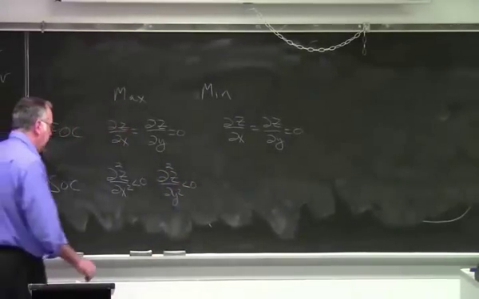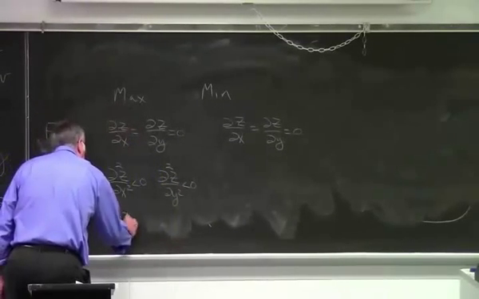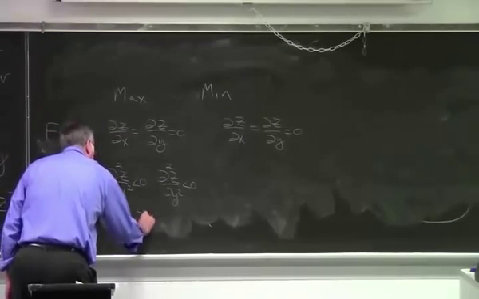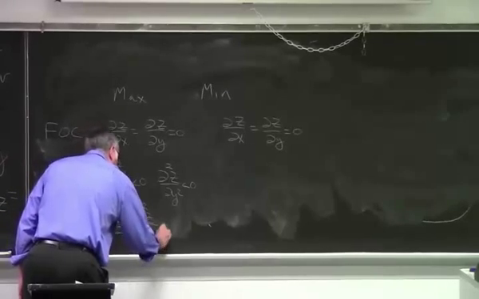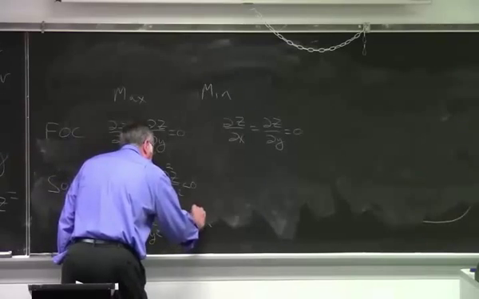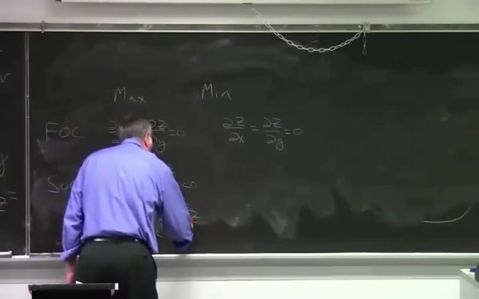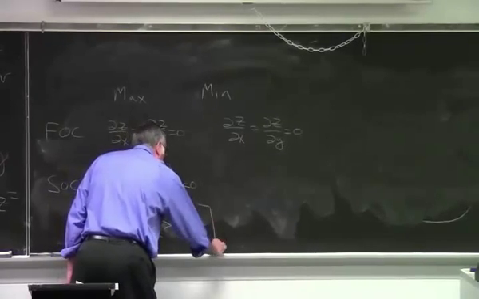And if you multiply these second derivatives times each other, they have to be greater than the cross partial derivative, partial z, partial x, partial y, squared.